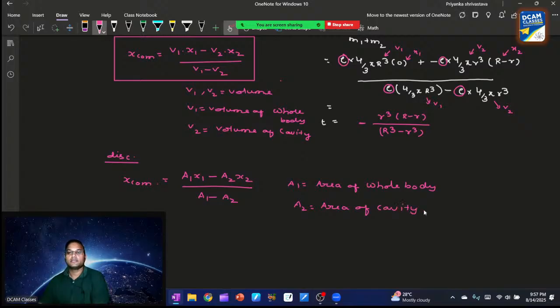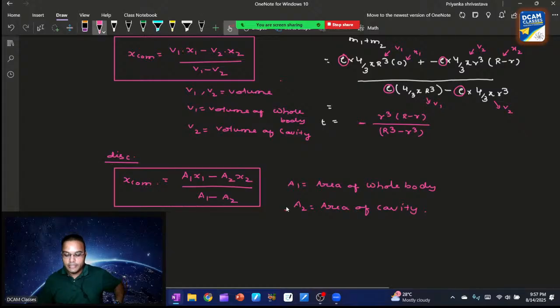I'll give you one question very quickly to make you understand this. You understood this concept now? It's a very interesting one. Try solving this question now.